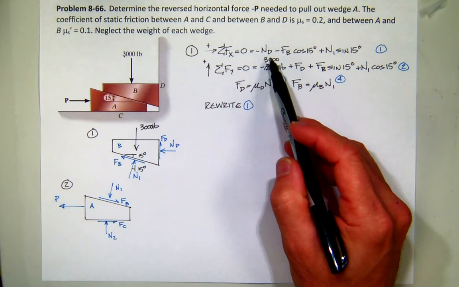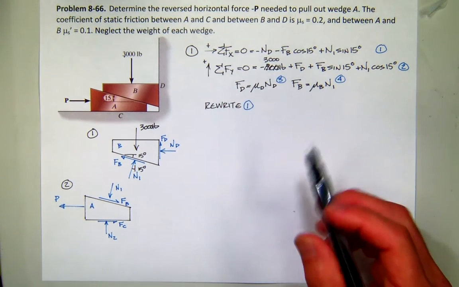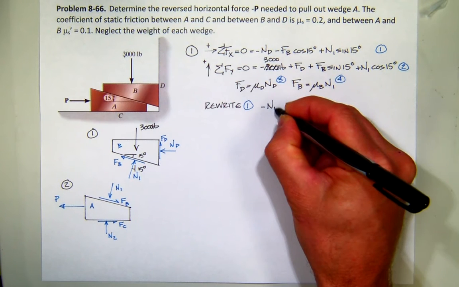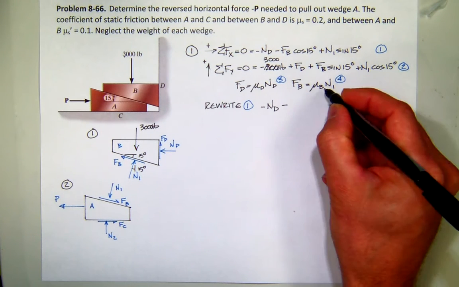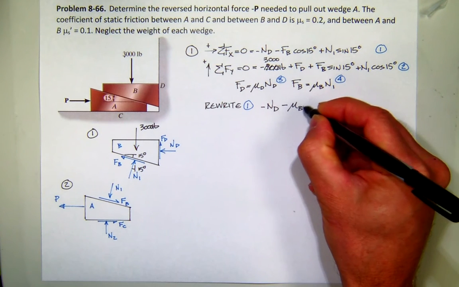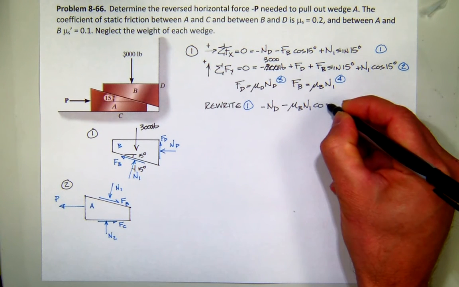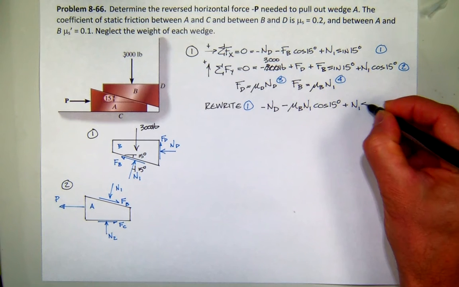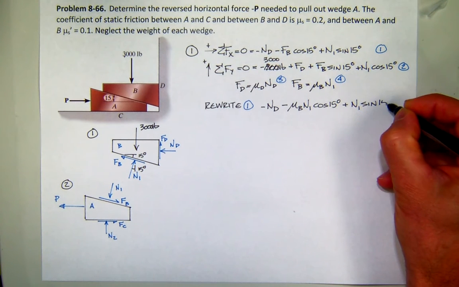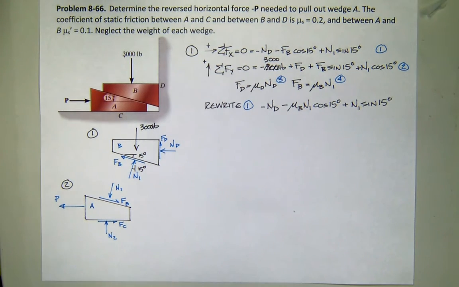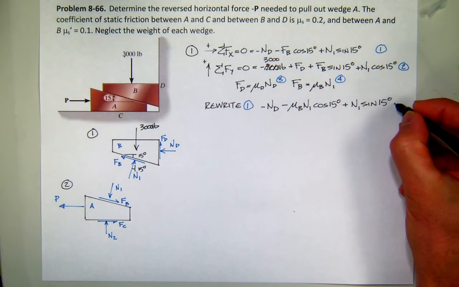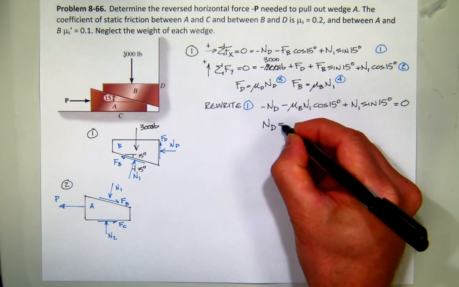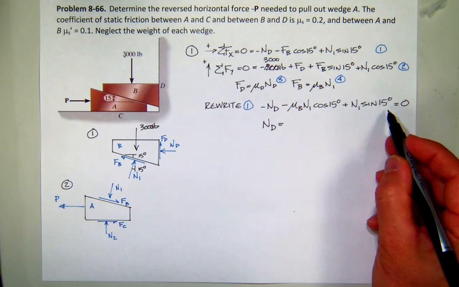I should get a relationship between normal D and normal 1. So let's see if I can do that. So I've got normal at D minus mu B N1 cosine 15 plus N1 sine 15. And that should be equal to 0. So that means I can say that ND is going to be equal to all that stuff.